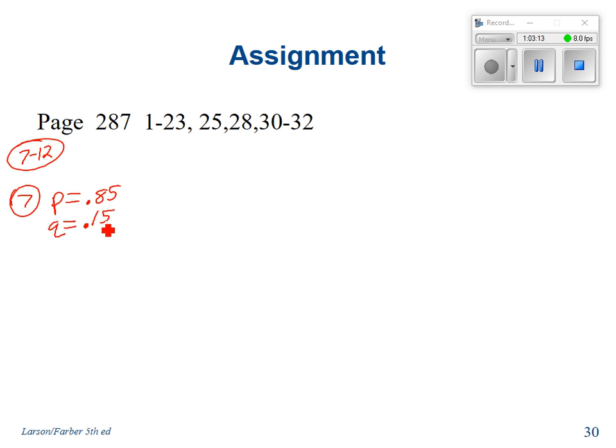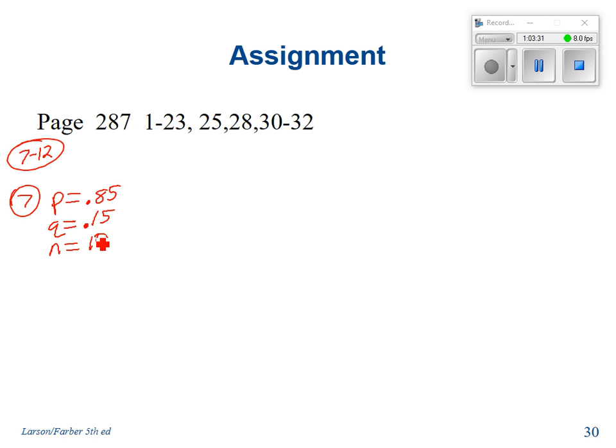You randomly select 10 adults. So what's our N? We want to decide whether we can use the normal distribution for a binomial experiment.